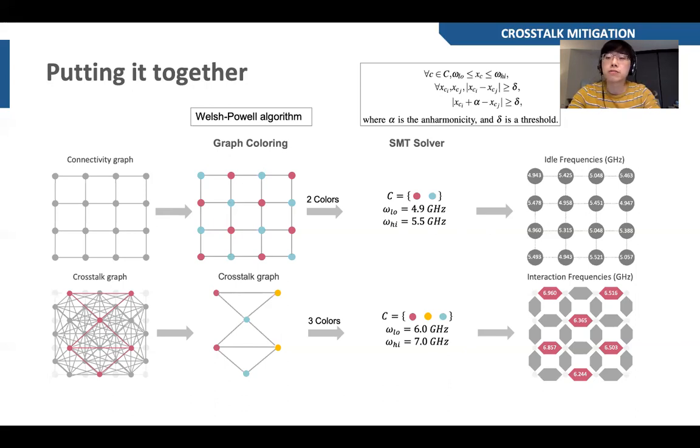We map colors to frequencies using SMT solvers such as Z3, accounting for realistic hardware constraints such as leakage. Shown on the very end of the right-hand side, you can see the resulting frequency values that we assigned to each qubit for their idle frequencies and for each pair of qubits for interaction frequencies.